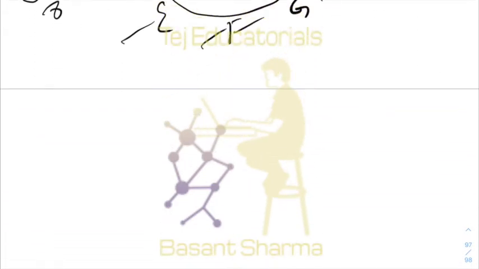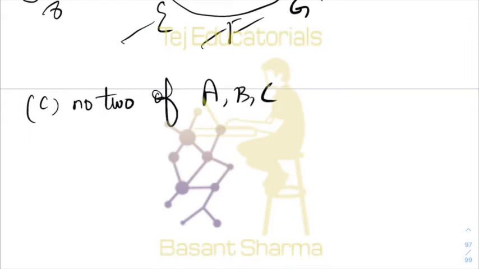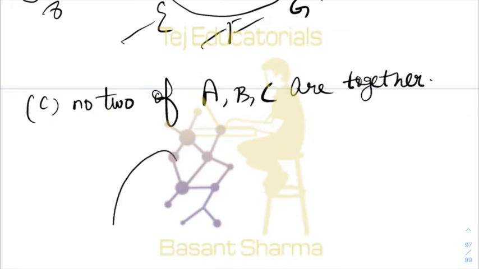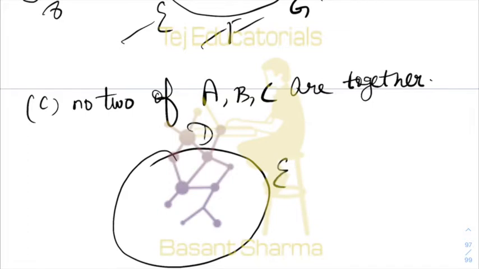Now suppose I ask you, no two of A, B, C are together. So again we will use the gap method. So suppose you have D, E, F, G, H, I, J. Now there are 1, 2, 3, 4, 5, 6, 7 people.